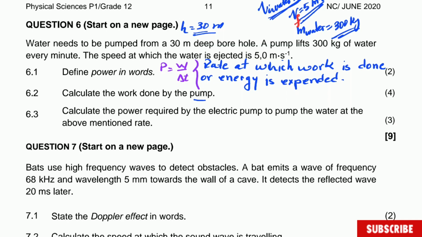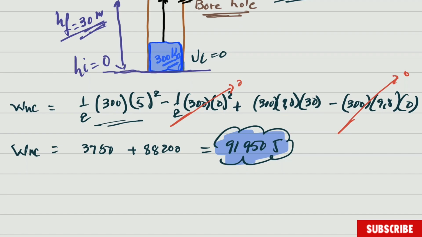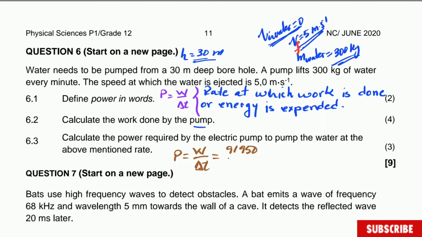Final question 6.3. Calculate the power required by the electric pump to pump that water at the above mentioned rate. Guys, now we're going to use the definition. Power is equal to work done divided by the time. They ask you about that specific rate. The work is what we calculated just now, which is 91,950, divided by the time.